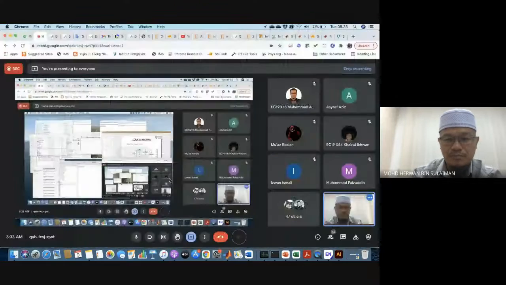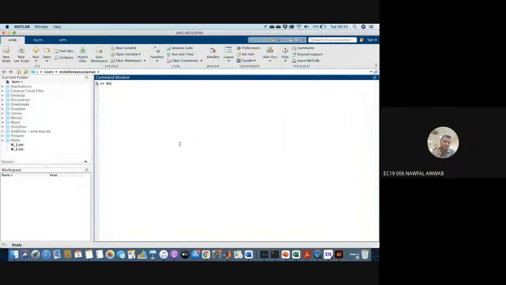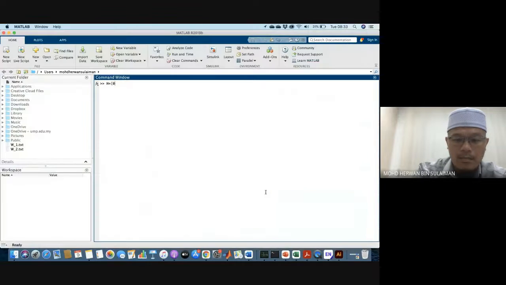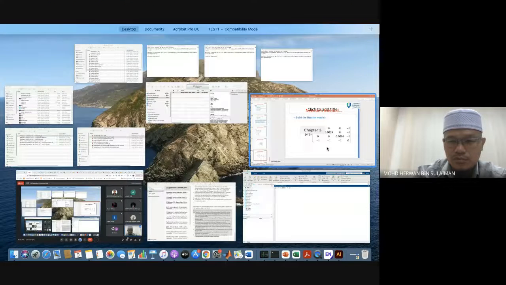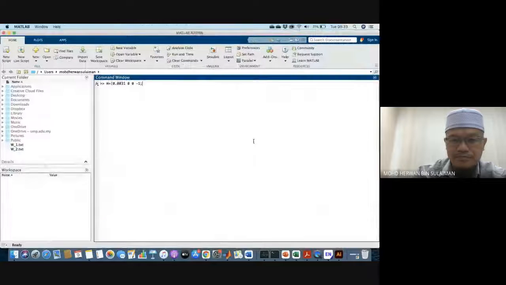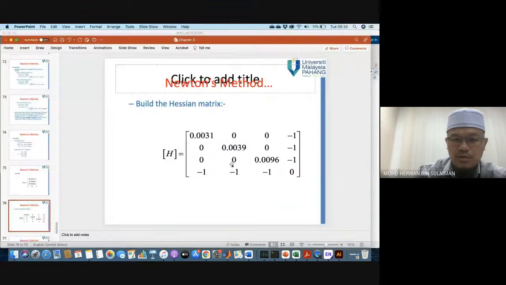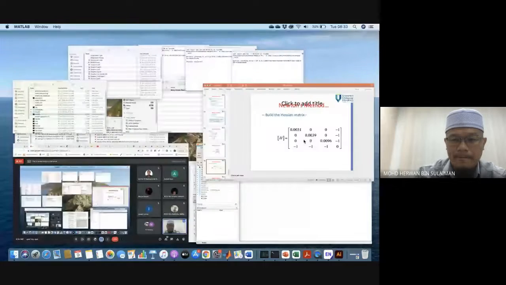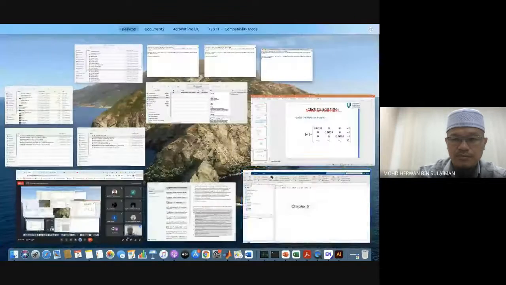Boleh nampak ah? Your Hessian Matrix 0.0031, 0.031 kan. 0.031, 0.039, 0.00039, -1 and 0.00096, 0.00096, -1, -1.